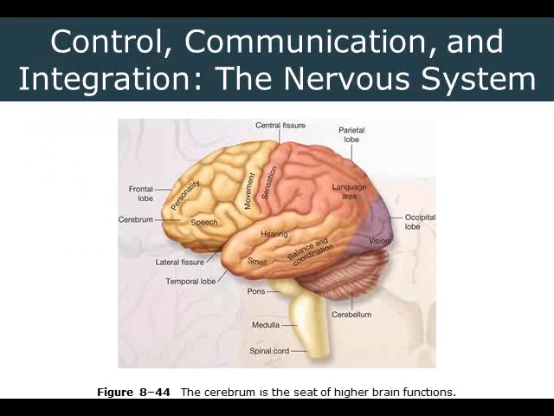And then we have the brain. The brain itself obviously is a pretty amazing piece of equipment, and the brain is divided into several areas that do very specific jobs. So the frontal lobe, that is the one that would be right above your eyebrows, is the frontal lobe on the front of the brain.